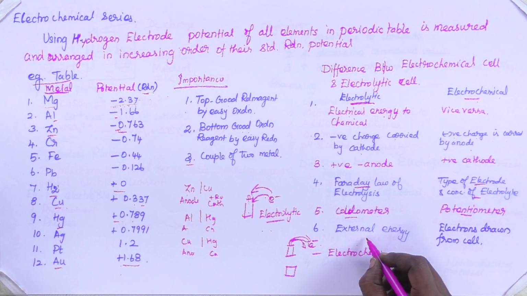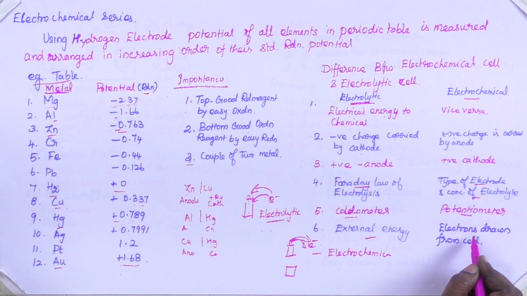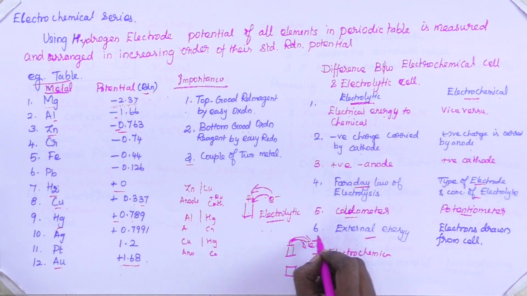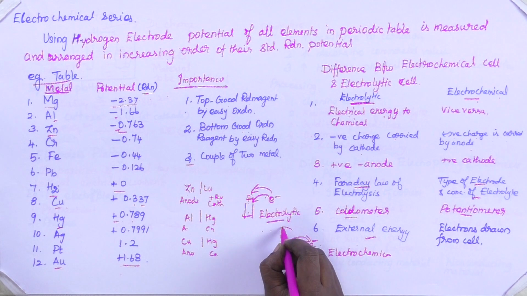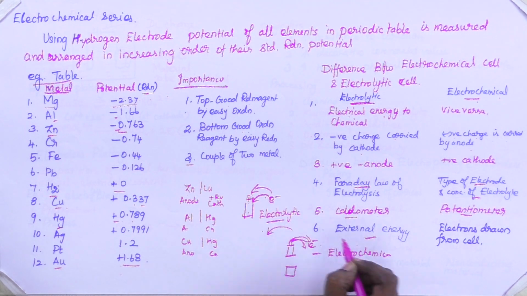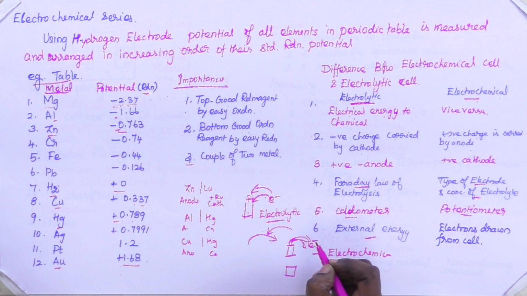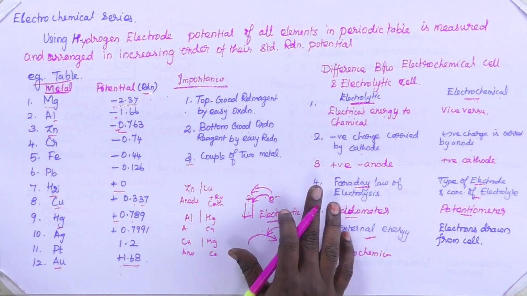So where are electrons drawn? In the electrolytic cell, external electrons are passed into the battery, and in the electrochemical cell, the electrons from the cell are passed into the external circuit. This is the difference between the electrochemical cell and the electrolytic cell.